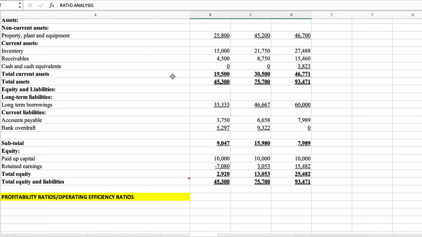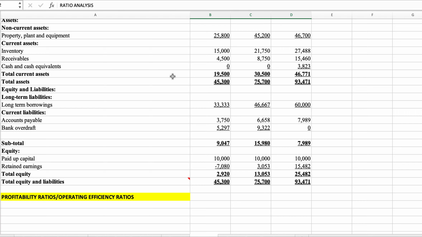It's one of the classifications of ratios. Profitability ratios are also known as operating efficiency ratios. So the examiner may use either of the two terms.